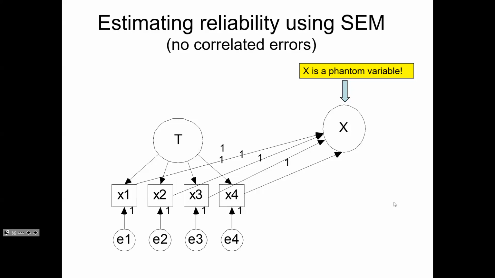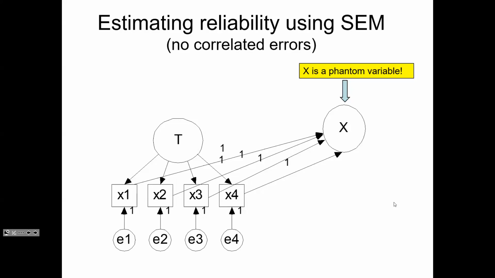Well, that is the correlation between the true score and the scale score. So all I have to do is take that model implied correlation, square it, 0.9 squared equals 0.81, and that will be the reliability estimate for the model.